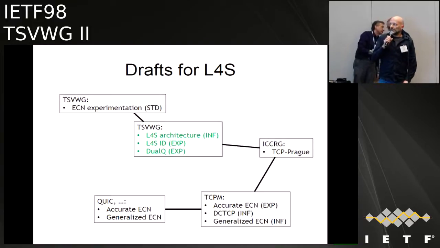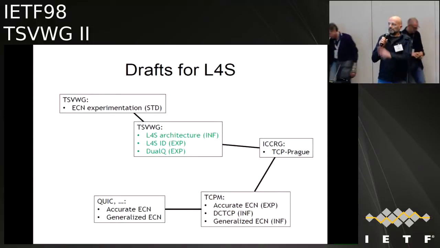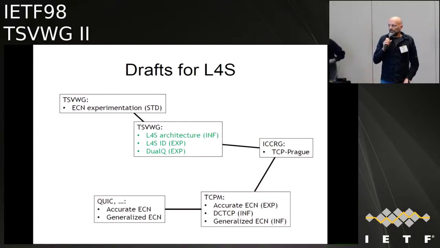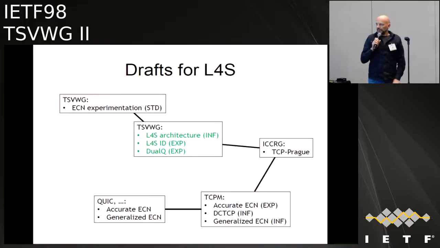Other related work is the ICCRG work for TCP Prague. So it's the congestion control which is safe for the internet, and extensions on the TCP as well, which are handled in TCPM for accurate ECN. Then the DC-TCP informal TCPM draft is also related because that's the only existing L4S TCP version, let's say.